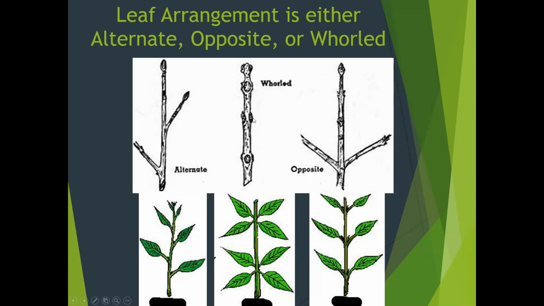This is where they would be attached. But alternate is asymmetrical. So you can see that if you folded this over, cut it down the middle, they wouldn't line up. So the buds are not in pairs. They're individuals that are separated on the stem. And so this is the alternate arrangement again, right down here with leaves. And you can see the little buds in here too.